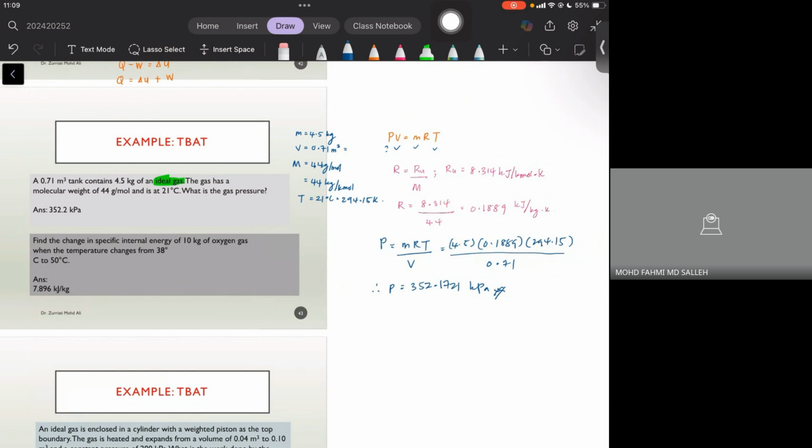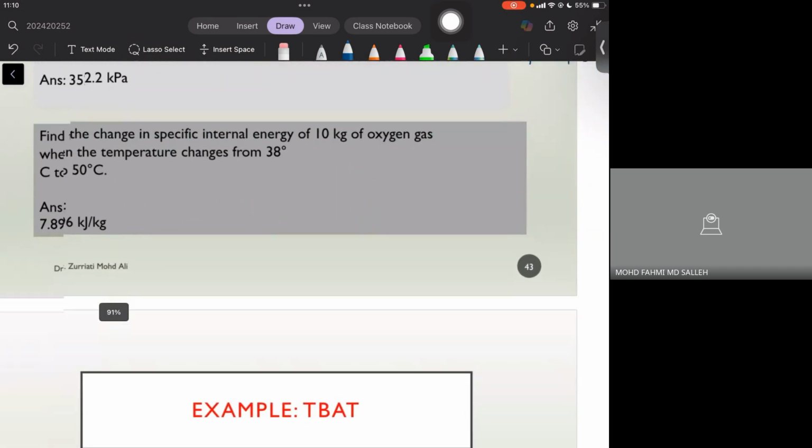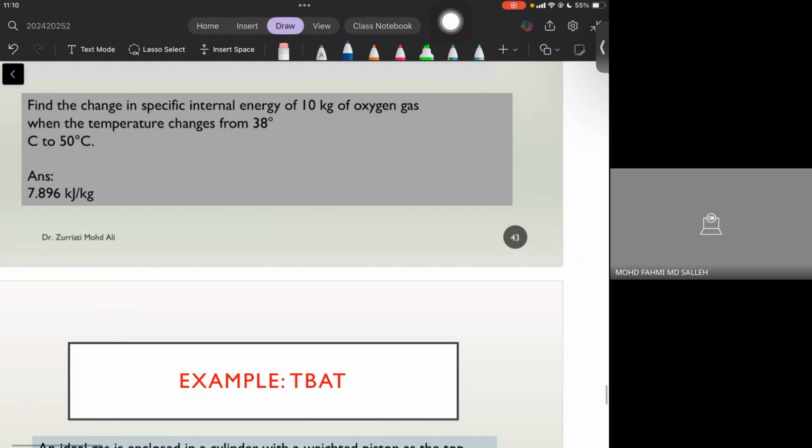So next, we're going to look into the second question. It states here, find the change in the specific internal energy, which is a small u, and it should be in terms of per kilogram unit.